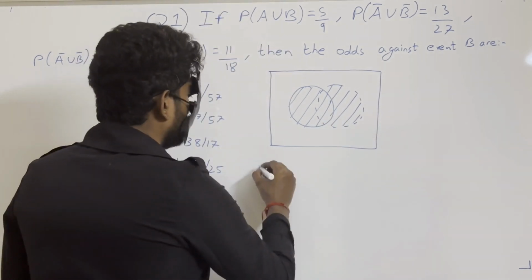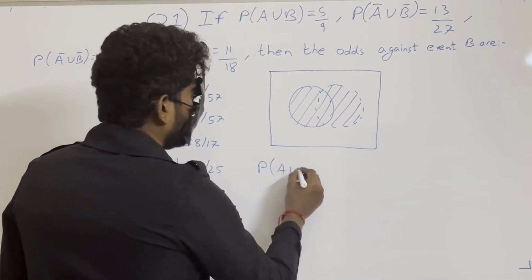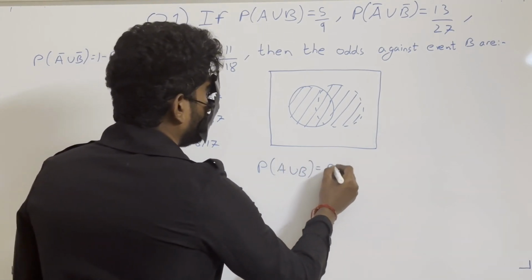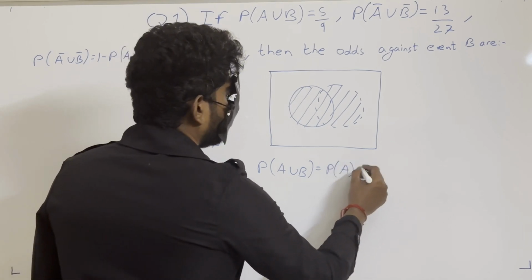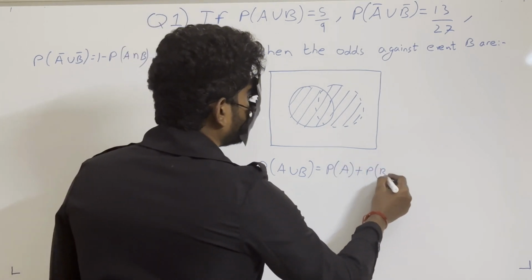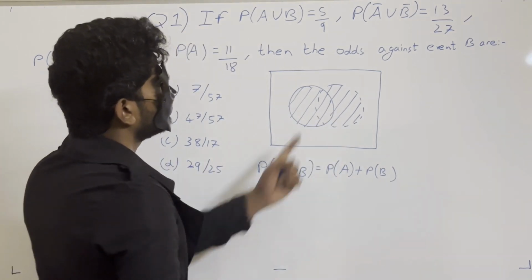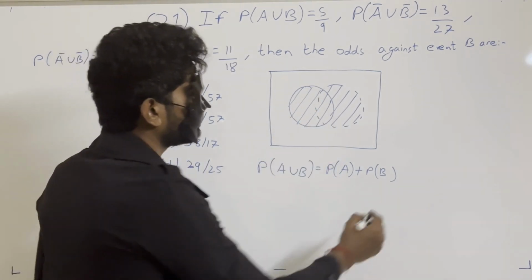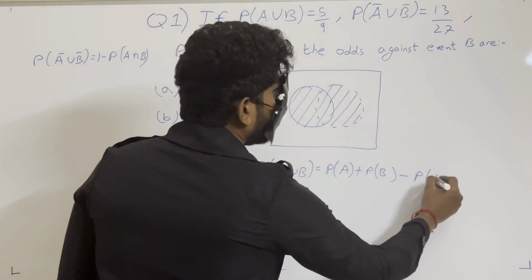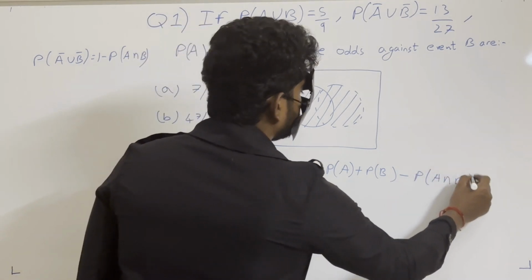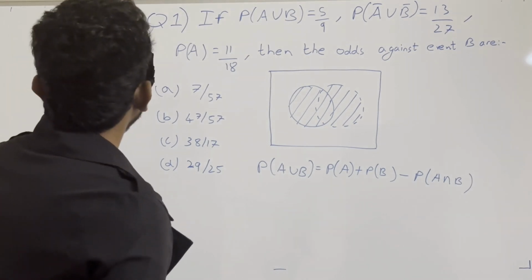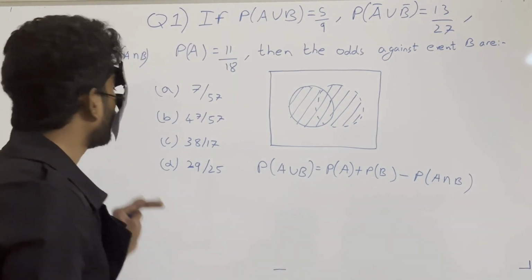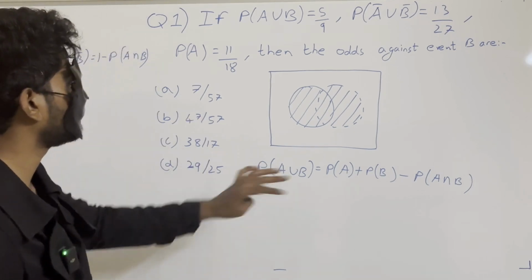So P of A union B is nothing but P of A plus P of B, this plus this, and this intersection part we are adding twice, so we have to subtract it once: minus P of A intersection B. Now all we have to do is use these two formulas.